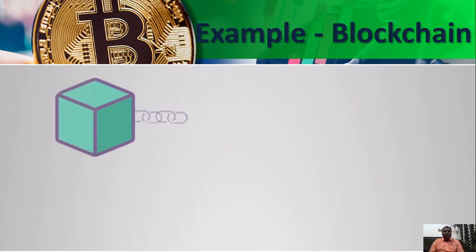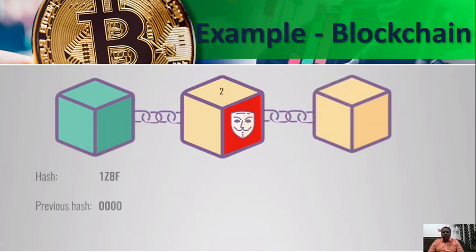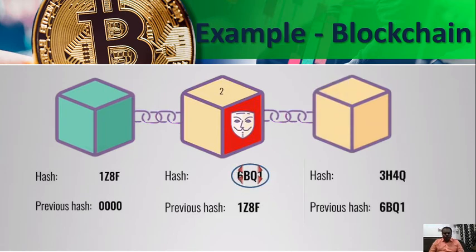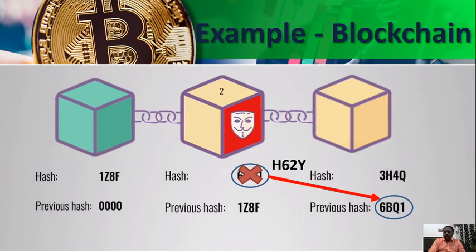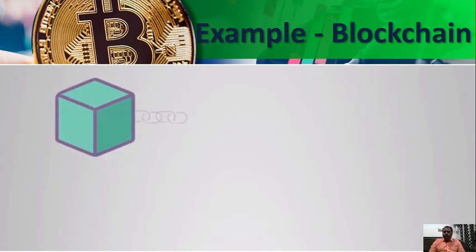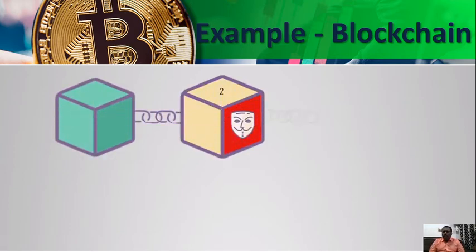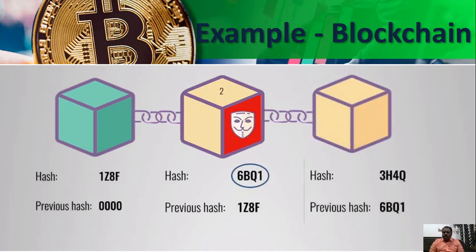Now let's see how a blockchain works and what happens if an intruder comes into the blockchain. When an intruder comes into a block, the hash value of the block changes, and then the chain breaks. The hash value of block 2, for example 6BQ, is changed because there is an intruder in block number 2.